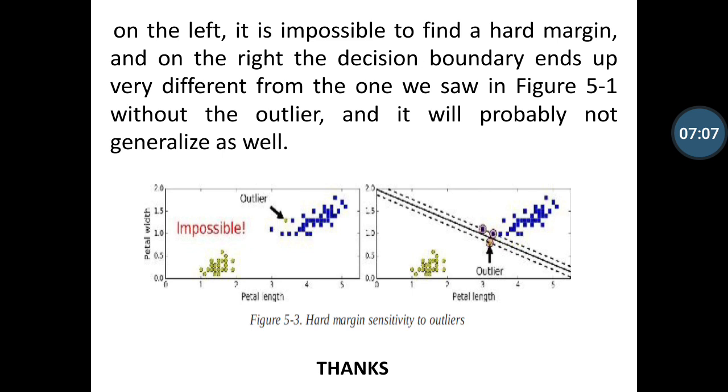You can see easily that the yellow dots represent petal length as well as petal width, and the blue dots represent the outlier in terms of petal length and petal width.